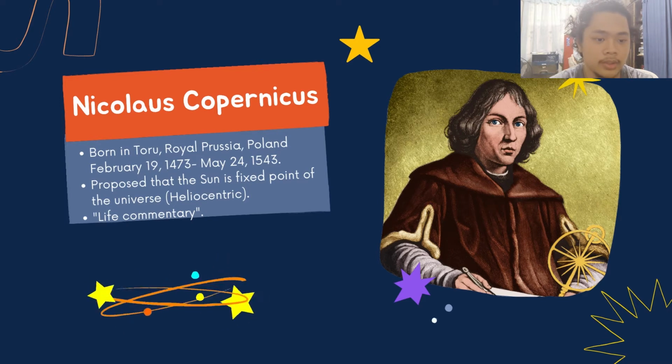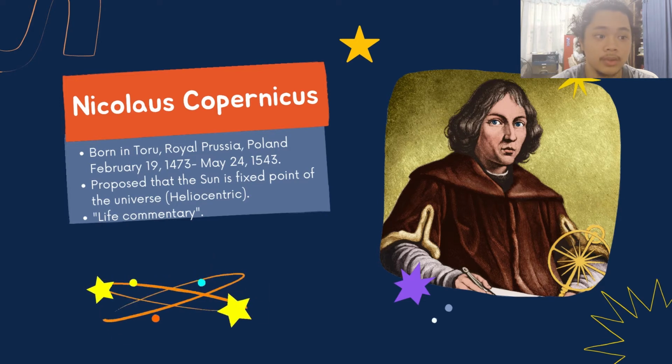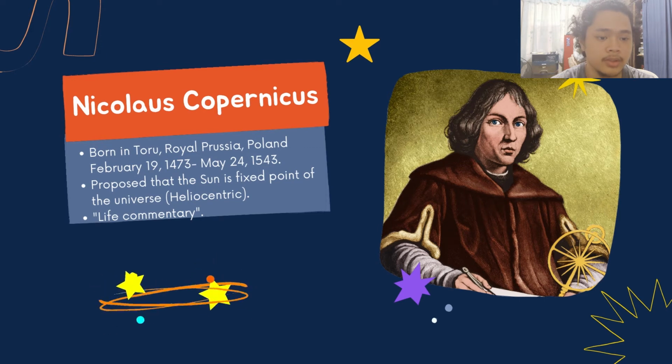Heliocentric or sun-centered depiction of the heavens is named after the Greek word helios, which means sun. Copernicus' hypothesis has far-reaching implications for following philosophers of the scientific revolution, including Galileo, Kepler, Descartes, and Newton.